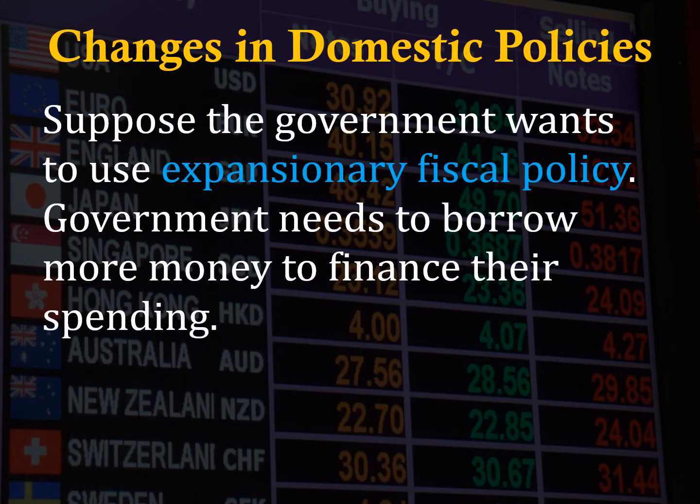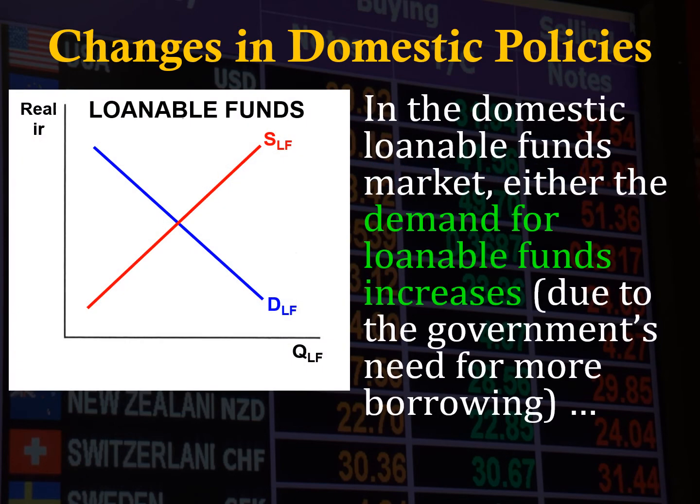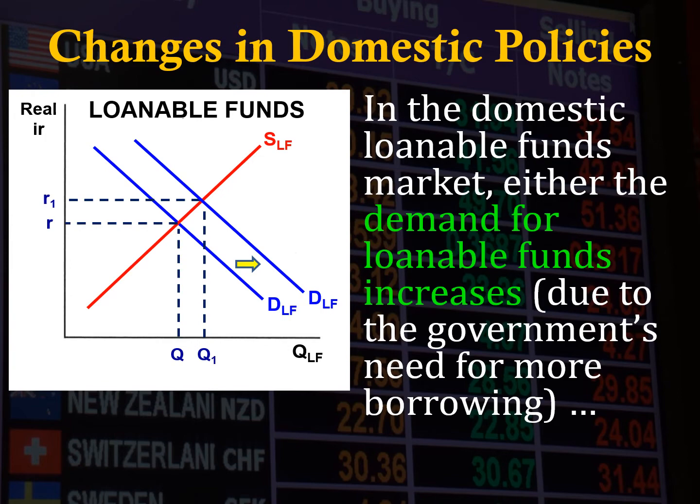The second thing that could cause a change in capital flows: changes in domestic policies. So we have both fiscal policy and monetary policy. Suppose the government wants to use expansionary fiscal policy. The government needs to borrow more money to finance their spending. As a result, that's going to increase the demand for loanable funds because the government goes to the loanable funds market and asks for those funds, thereby raising the real interest rate.